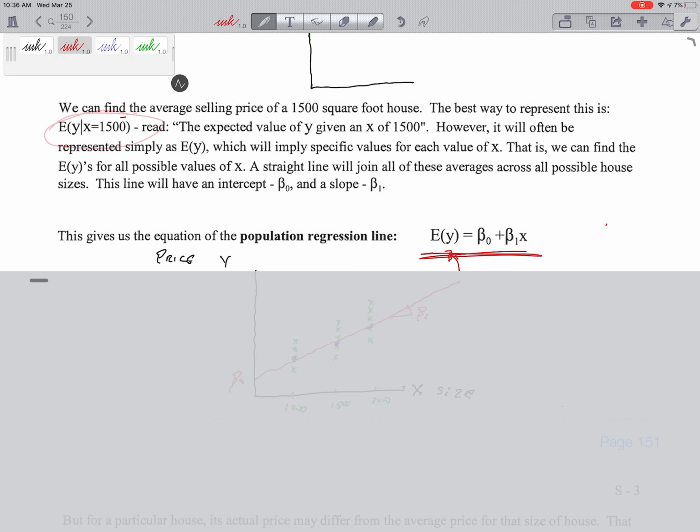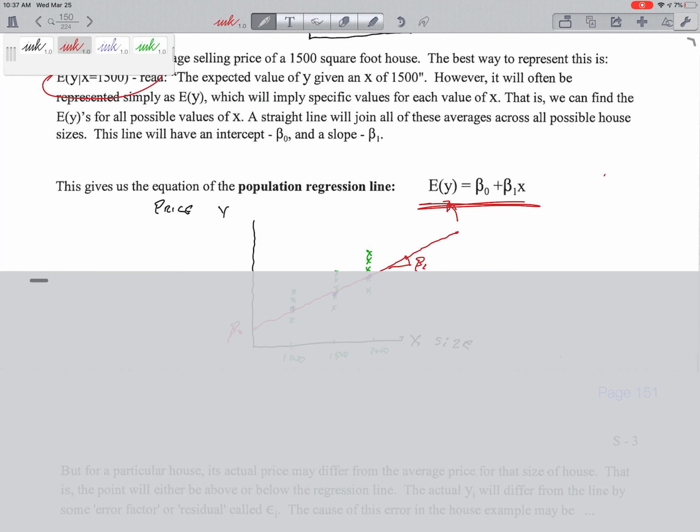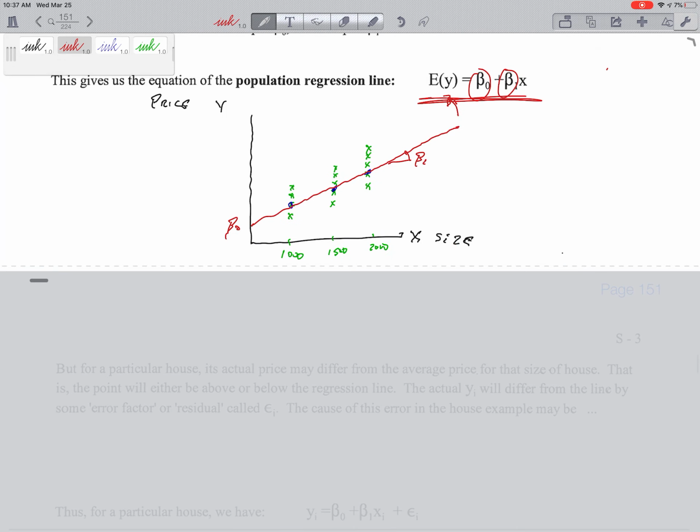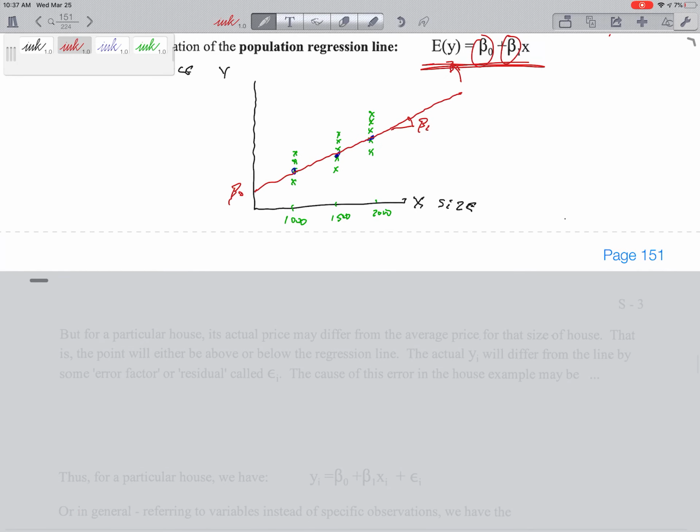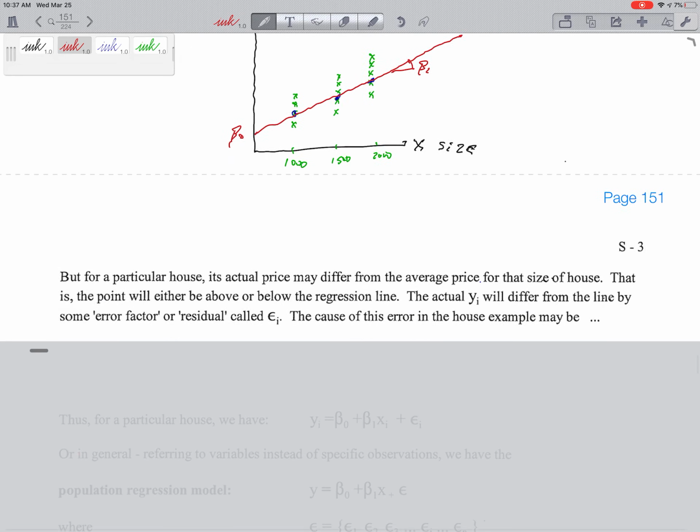Here's the more formal way of doing it up here. So the expected house price or average house price given a particular x value is equal to some intercept plus some slope times the x values. And so this is the equation for the population regression line.